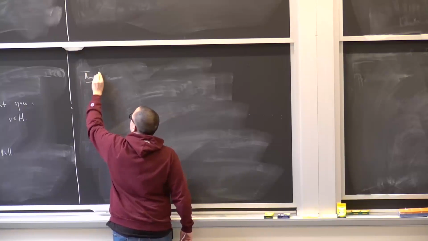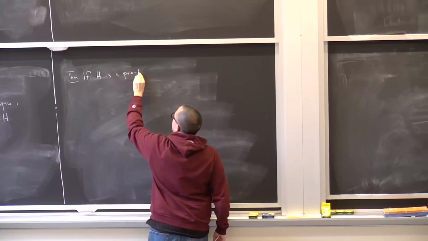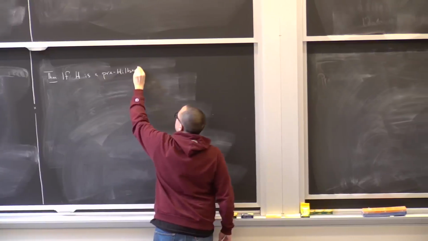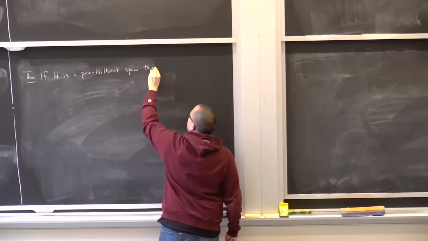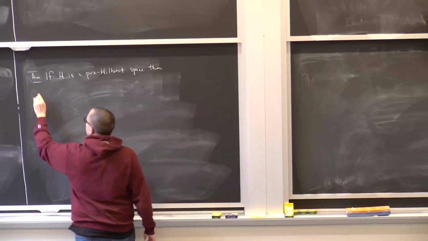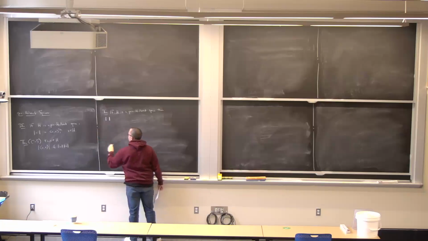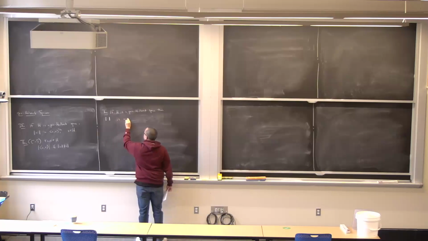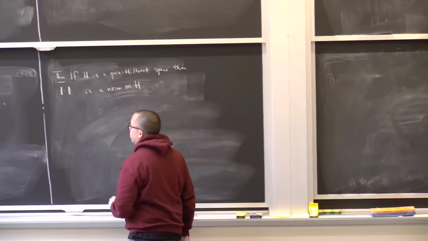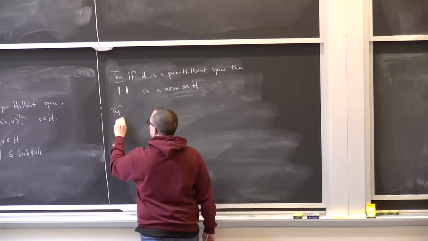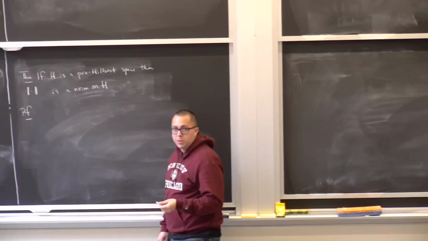So theorem: if H is a pre-Hilbert space, then this thing here, defined in this way, is a norm on H. Okay? So remember, we have to prove three things for something to be a norm.